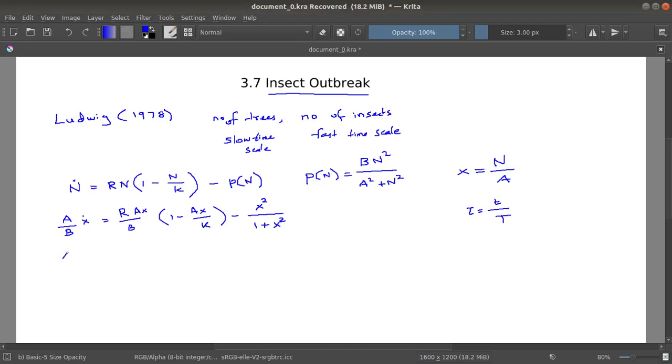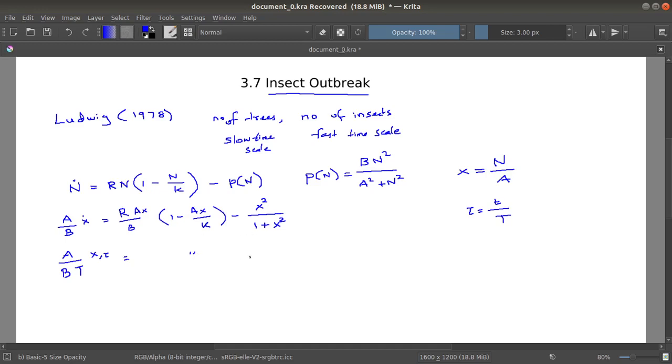A by b capital T, and here it will be like x comma tau, which is equal to this whole thing. So these things are not going to change.